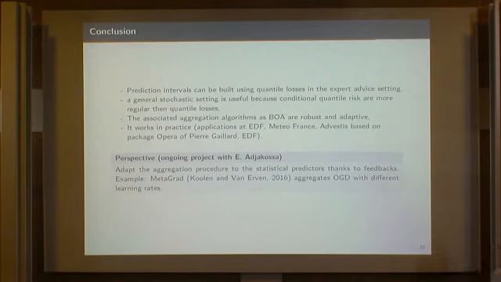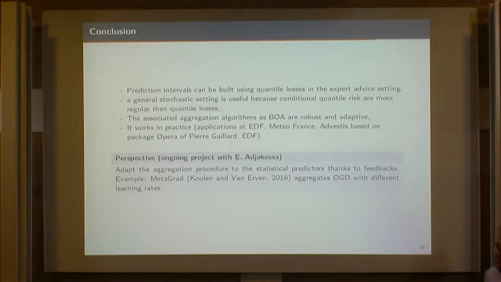And as Pierre tells us, if all your experts are quite good, then of course the aggregation does not make a big difference. For instance, for the square loss, as it's exp-concave, EWA is really close to BOA, and you cannot see the difference.